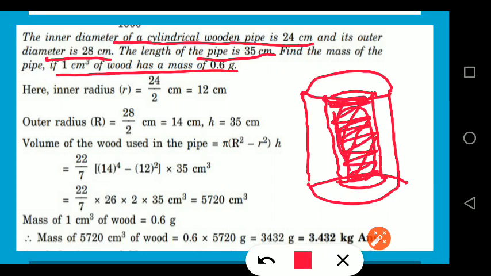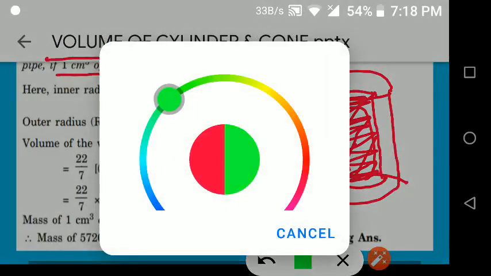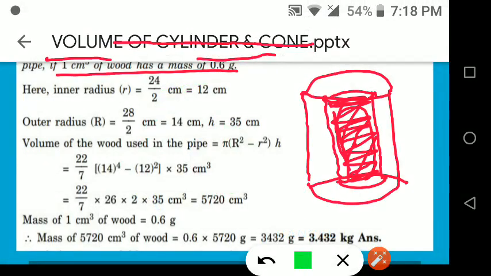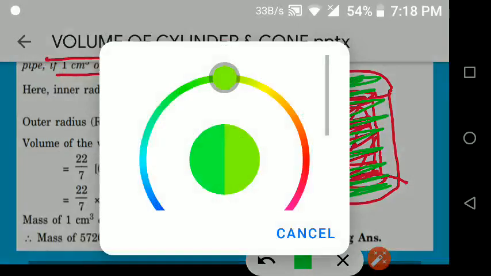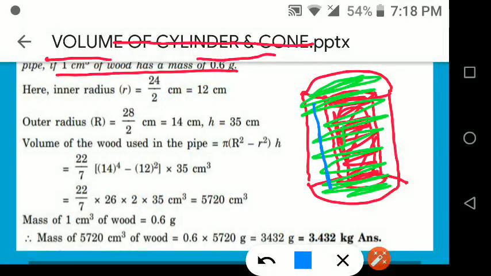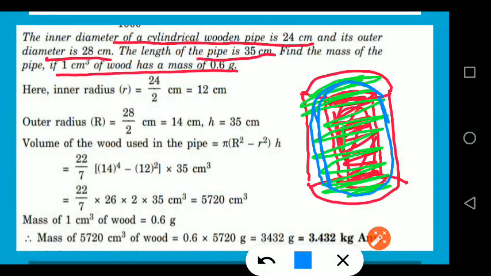And if we find the volume of the outer cylinder, we will get the whole volume. If we subtract the inner volume from the outer volume, we will get the volume of wood which we required. So we have to subtract the inner volume from the outer volume.